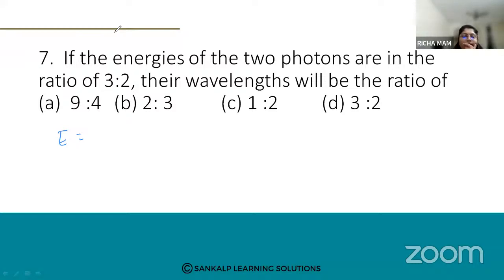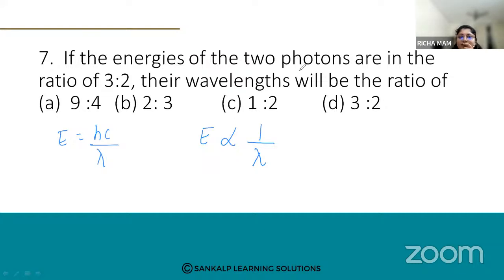So here energy is given by what? Energy is equal to hc by lambda, right? Energy is inversely proportional to lambda according to Planck's theory.